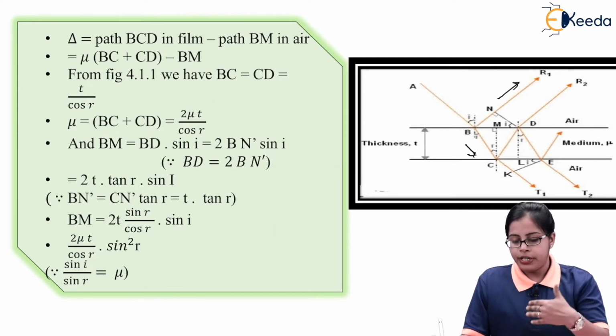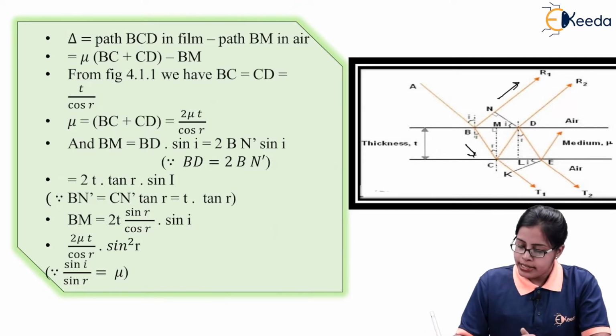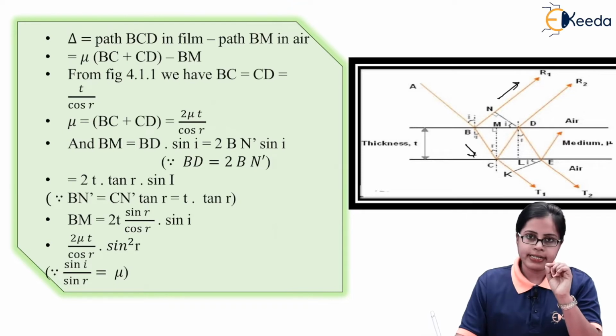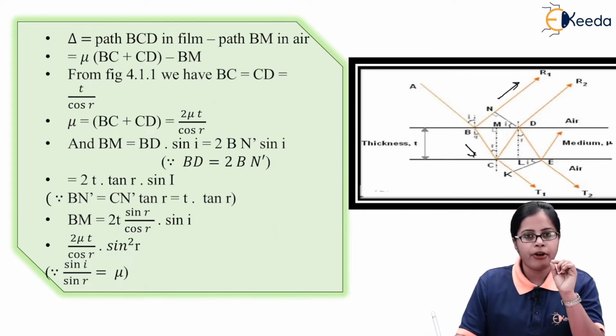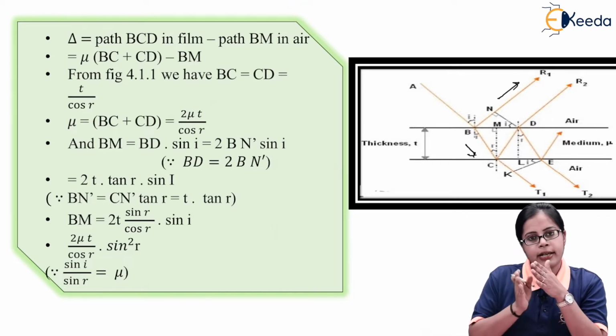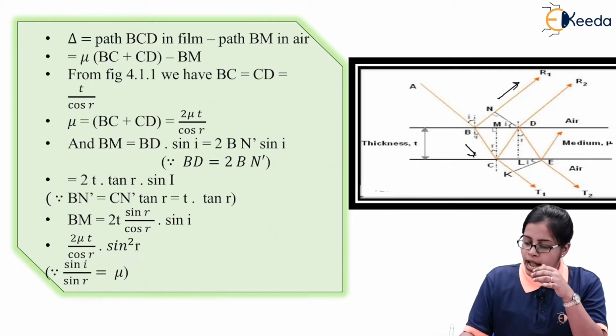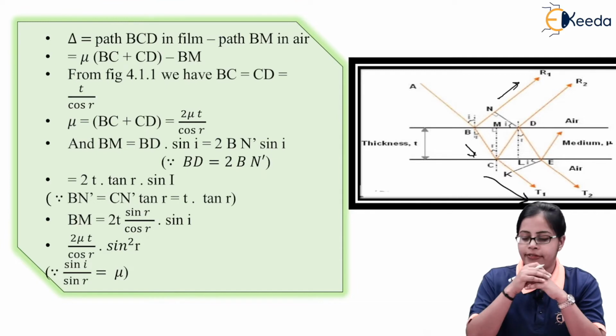And when you continue with the diagram, the ray BC is not stopping at C, because at point C the ray is again getting partially reflected and partially transmitted into the second medium, along CT1.